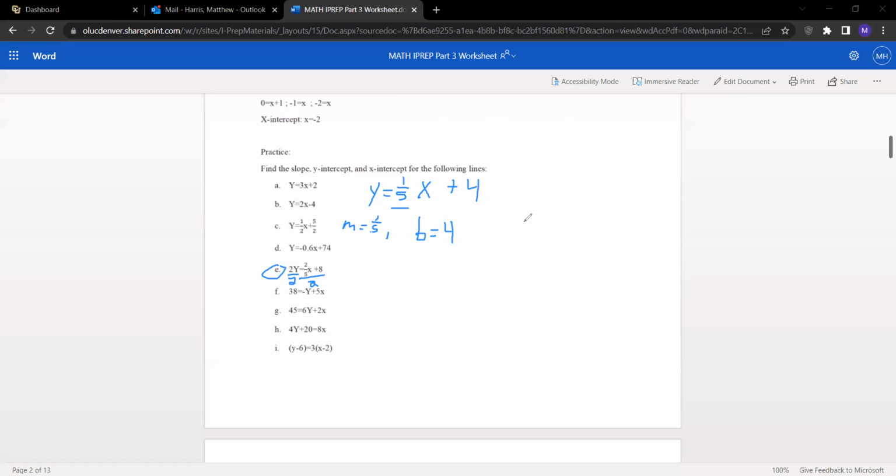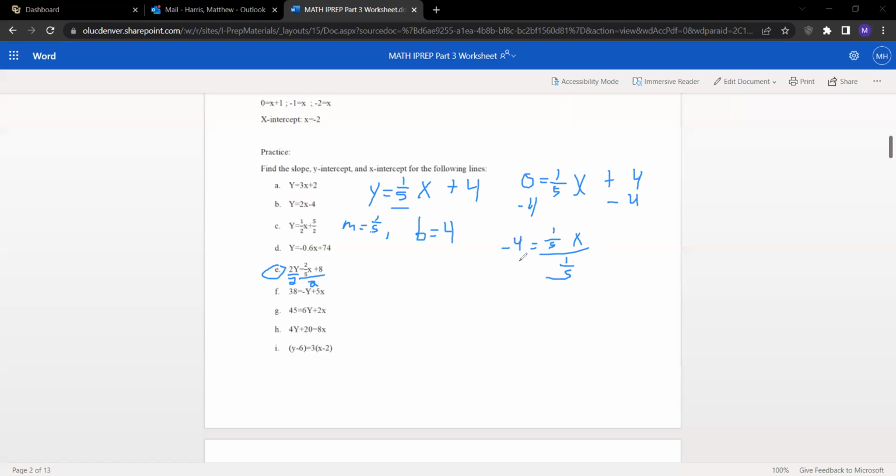And then we have to find our x-intercept. Remember how we find that? We plug in 0 for y. So 0 equals 1/5 of x plus 4. Minus 4 on both sides, so negative 4 is equal to 1/5 x.